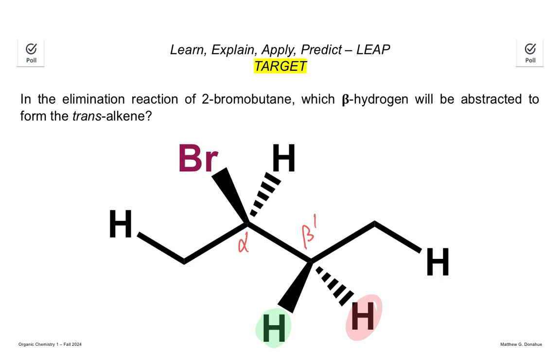So to recap here, the red one gets deprotonated to form the trans alkene, and then the green one gets deprotonated to form the cis alkene.